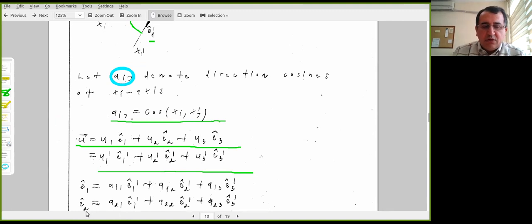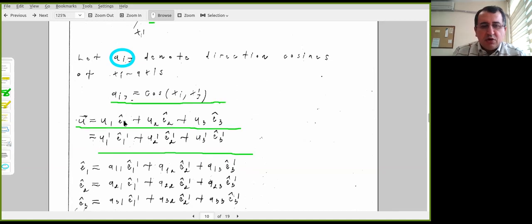So now the direction cosines between 2 and 1, 2 and 2, and 2 and 3 are the second row of our matrix Aij. And this is a second order tensor, or a matrix, and we will refer to it as the transformation matrix. And the third one is written in a similar way, e3 hat.